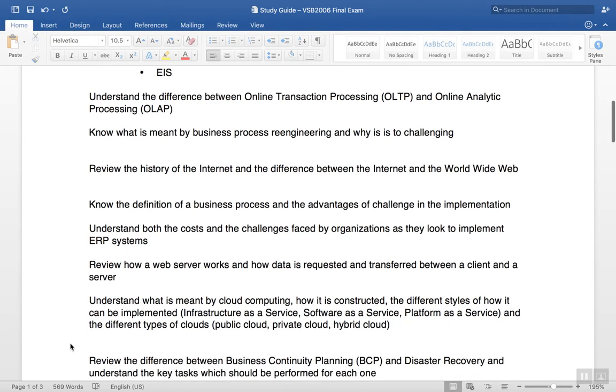Go back and look at cloud computing, some of the stuff we talked about with cloud computing, some of the different implementations of cloud computing. It's basically delivery of computing resources across the internet.